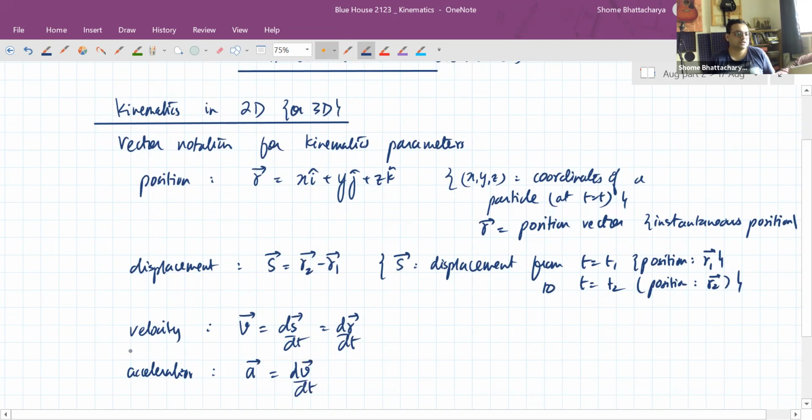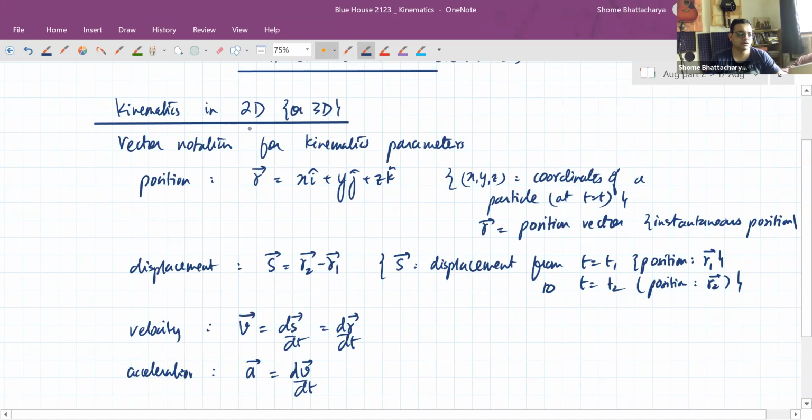We will see how these things are applied in the coming sections, including projectile motion. The only thing we need to be mindful of is that now we are switching from 1D kinematics to 2 or 3D kinematics. So our notation for the parameters changes from the scalar notation that we used in 1D, where position was given by a single coordinate x, displacement by delta x, velocity by dx by dt, and acceleration by dv by dt.